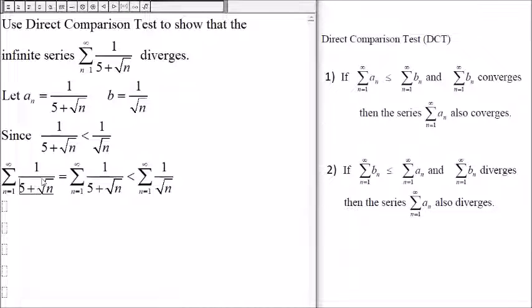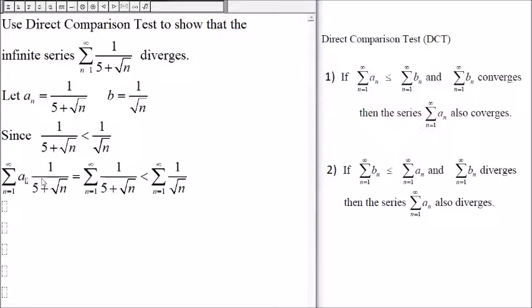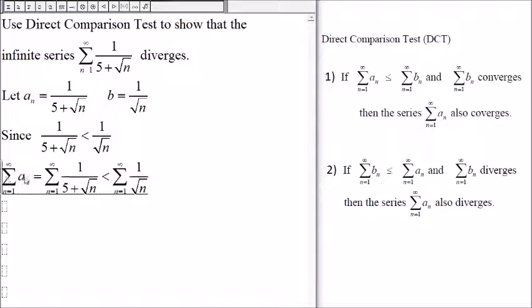This right here is a sub n, and this right here is b sub n. So one more time, to show the divergence, we need to show that b sub n is less than a sub n.